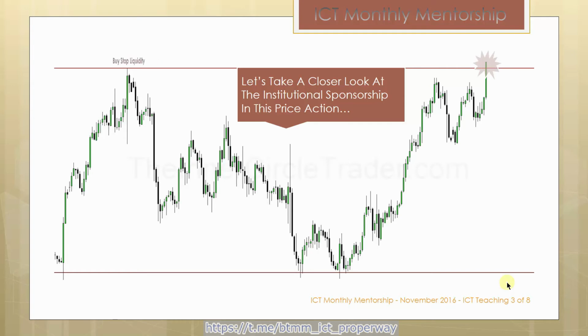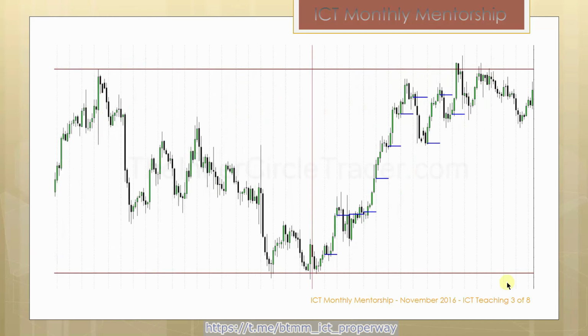And again, outlining why the buy stop liquidity was run out. Okay, we're looking at a 4-hour chart of that price swing. You can see the price swing here, this whole move here. And we're going to look at institutional sponsorship throughout the entire price swing.